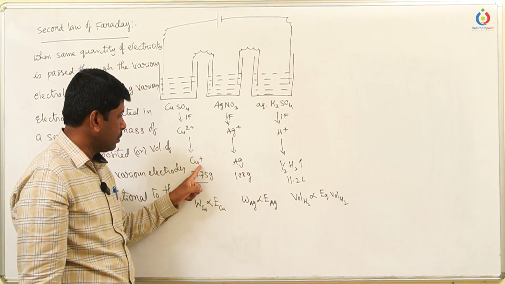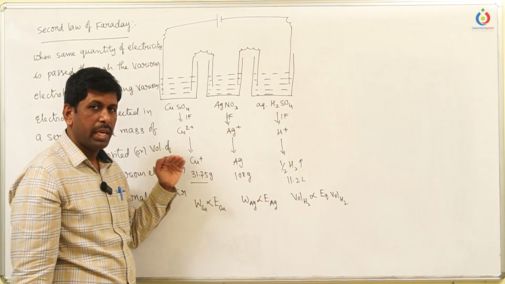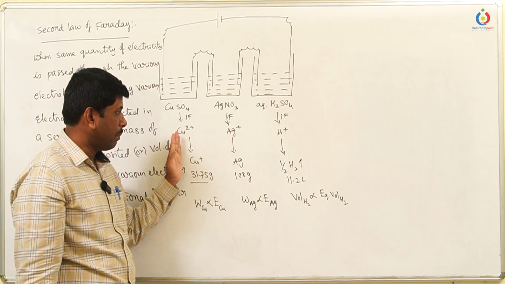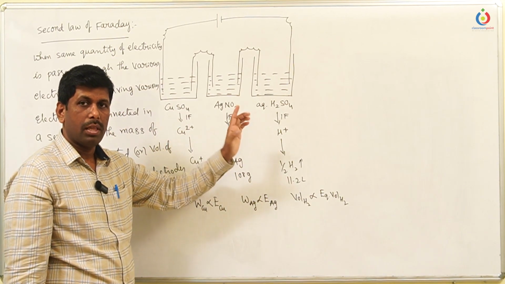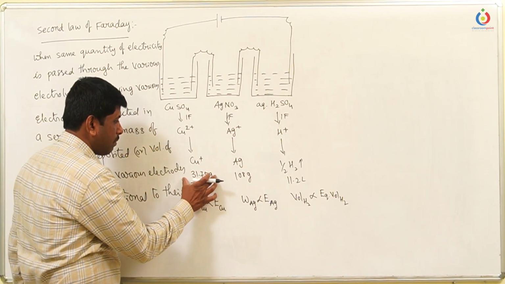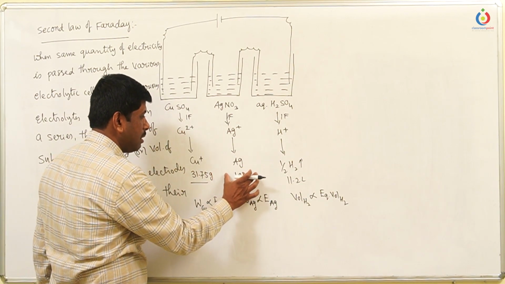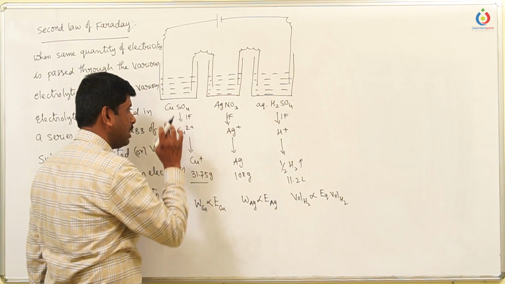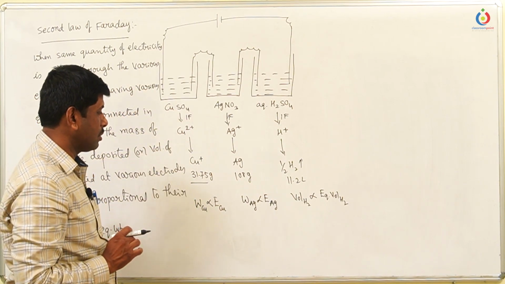Here also one positive charge, one positive charge, one positive charge. That means only one equal part. Here also one equal part, one equal part, one equal part. It means the number of equal parts is the same. That is called the number of gram equivalents. So the number of gram equivalents of the substance deposited is the same, but the mass of the substance deposited is not the same, even for the same quantity of electricity passing through the various electrolytic solutions.